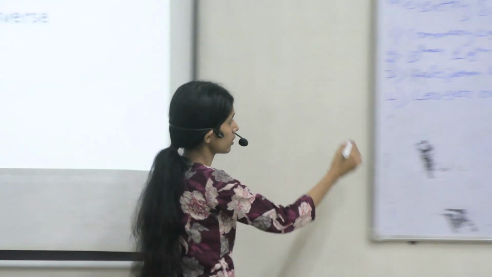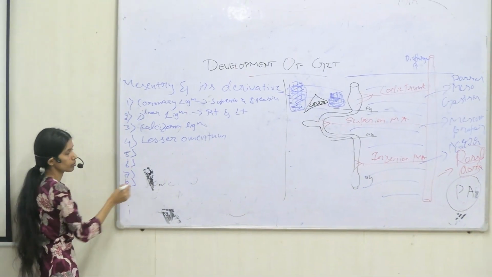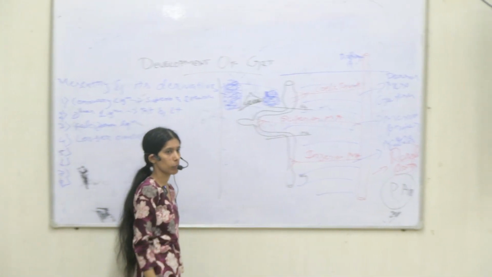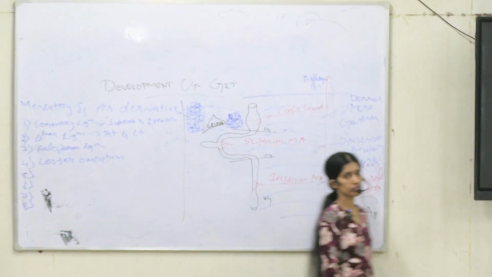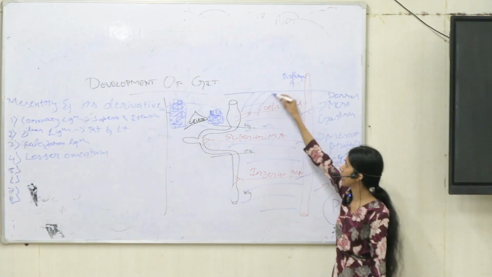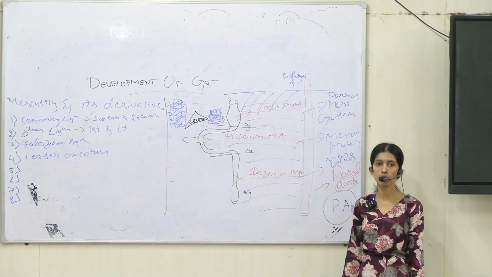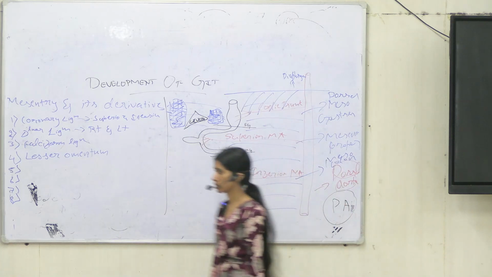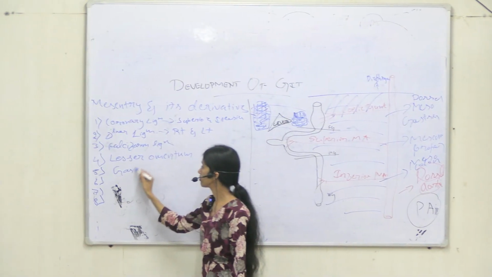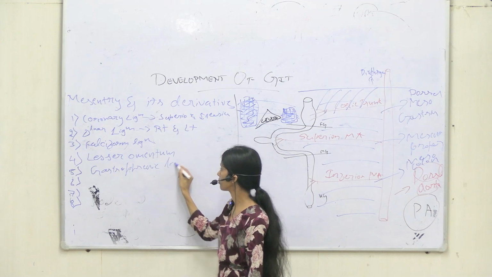So on the dorsal side, how many ligaments are there? This part between your stomach and your diaphragm is going to develop as the gastrosplenic ligament. Gastrosplenic ligament.